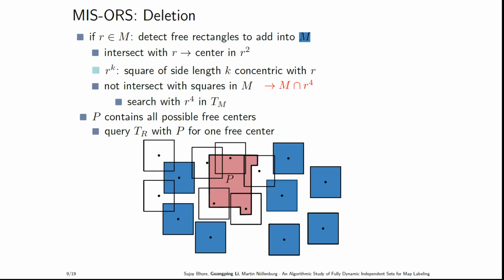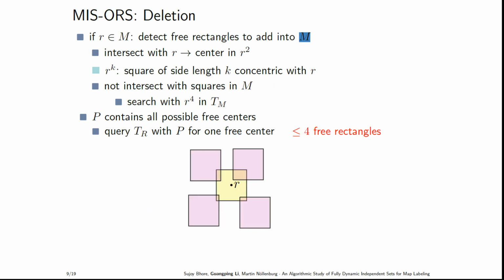If we find a center in P, its corresponding rectangle can be added to M. And after refining this polygon P, we continue querying further free centers. This process is repeated until no free center exists.